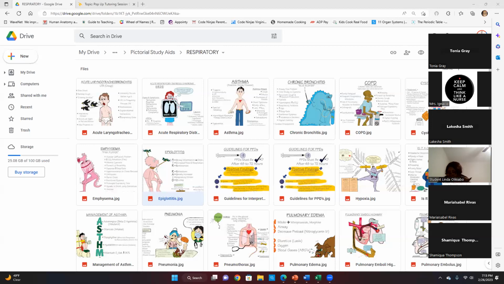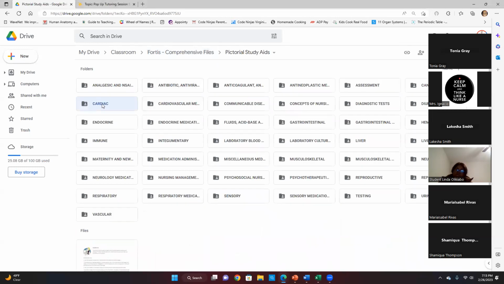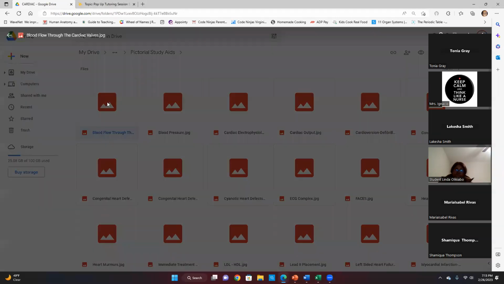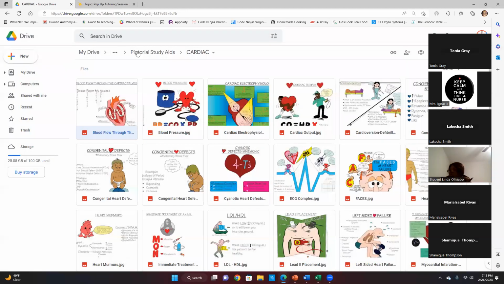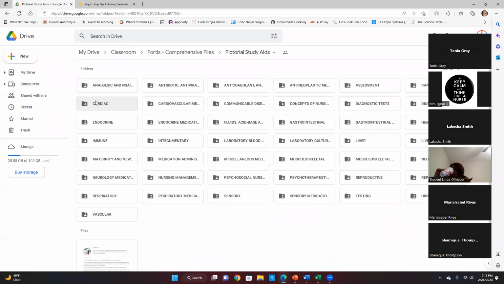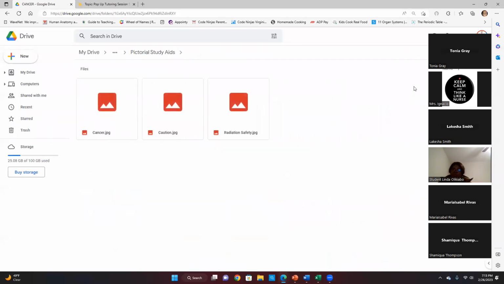Okay. Also, the signs and symptoms of throat cancer. What are those signs for cancer? And I think we talked about this when we think about cancer. What are some of the things that we're going to be looking for? Oh, I should have clicked on cancer.